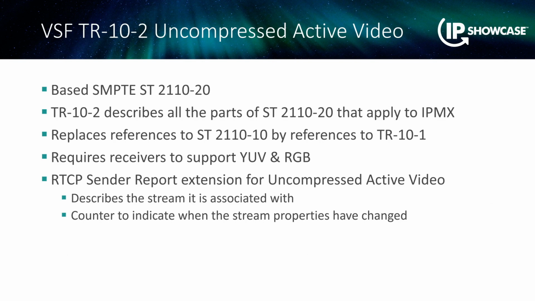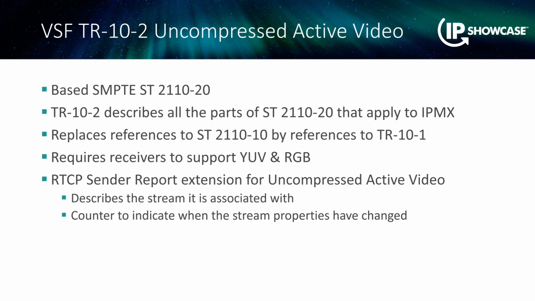And for things that don't apply, it's basically a series of replacements. I basically did a search and replace of 2110-10 and replaced it with TR-10-1, so basically changing the timing to be IPMX compliant instead of 2110 compliant.